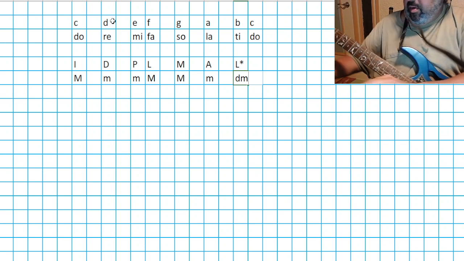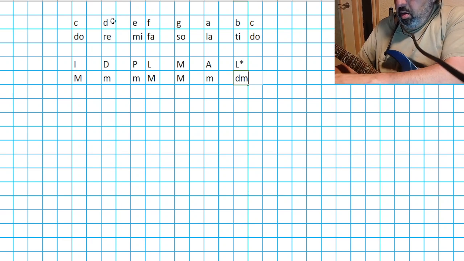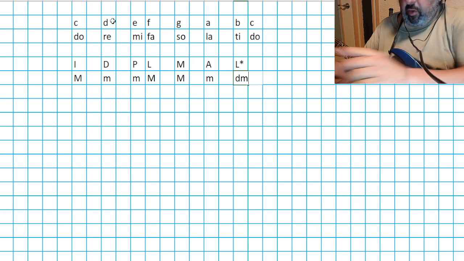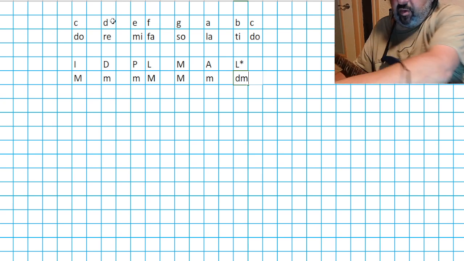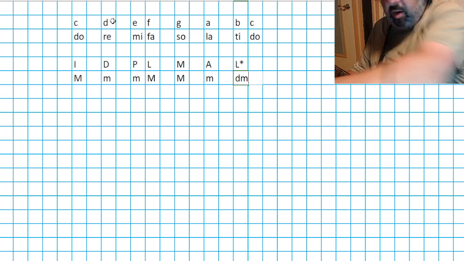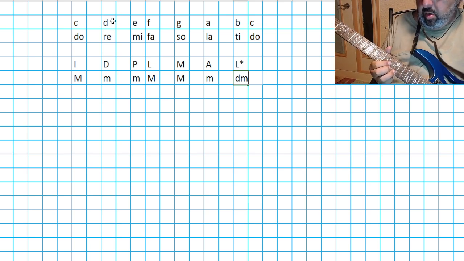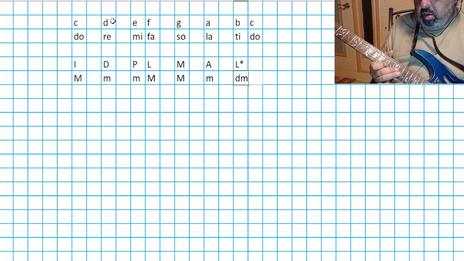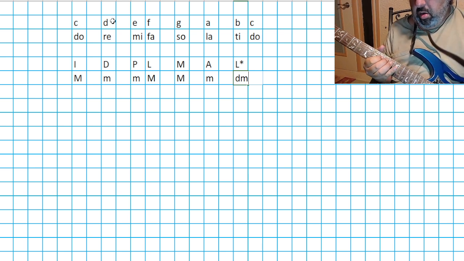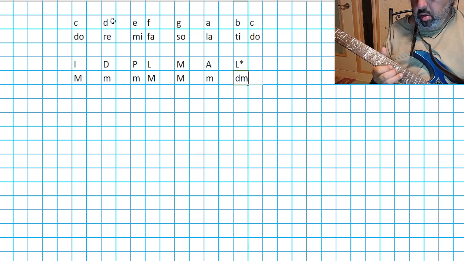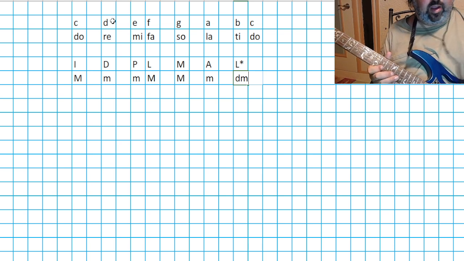Hold on a second here. They only want to work one at a time for whatever reason. This sound setting, weird sound I got. So we're just going to do that, and then that's all the notes of the scale.